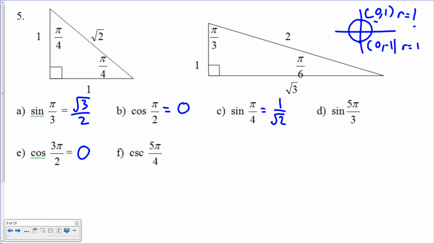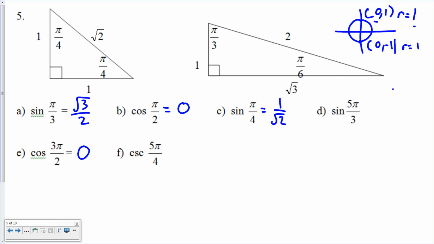Now I want to spend a little bit more time on D and F because they require a little bit more effort. First thing is on D, we're going to do it the same way we did it with degrees. We're going to draw it, we're going to find the reference angle, and we're going to rewrite it in terms of reference angles. So the first thing I want to do is draw this. So I have to figure out where does 5 pi over 3 belong on the unit circle.